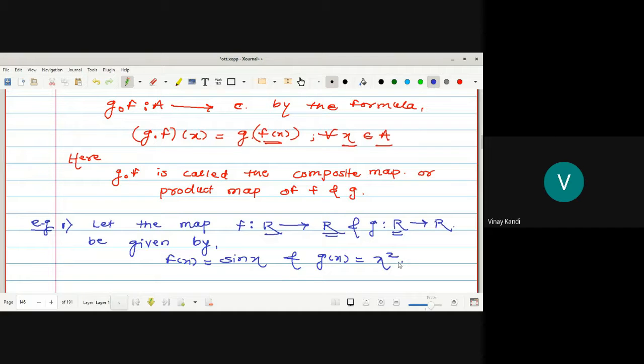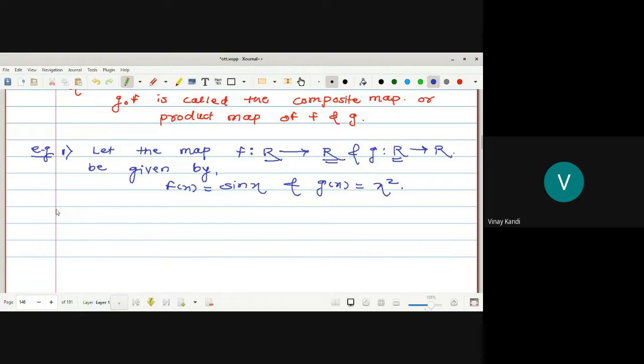Then find g composition f and f composition g also. Now answer. Now look at this one. G composition f is the function from R.